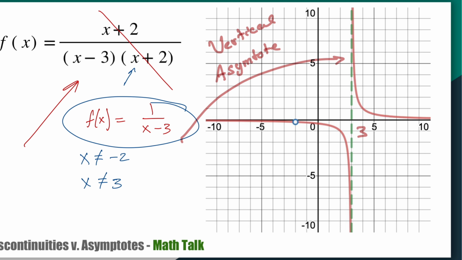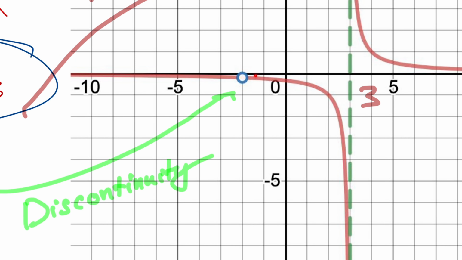But then, you can see that at x equals negative 2, there's just this open dot here, okay? And this is called a discontinuity. Okay, discontinuity, all right? And notice how it's not an asymptote. It's just all of a sudden we have solutions, we have solutions, we get to negative 2, we don't have anything here, and then we have solutions again, okay?